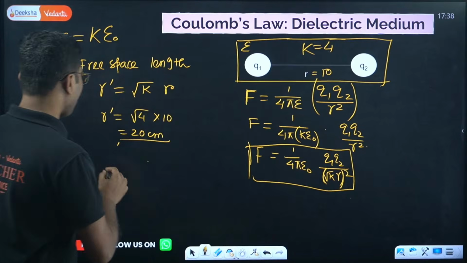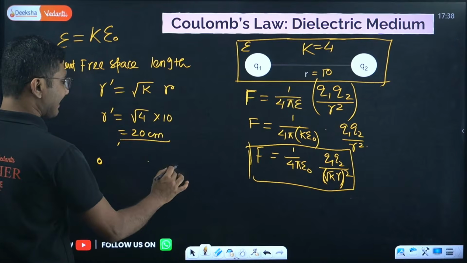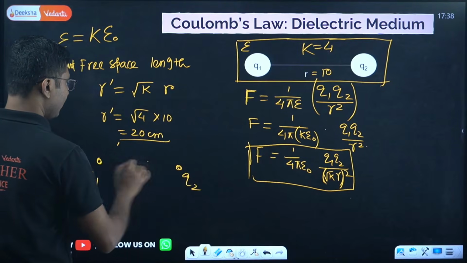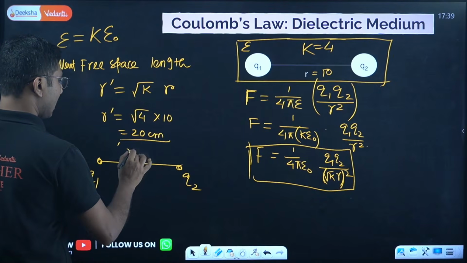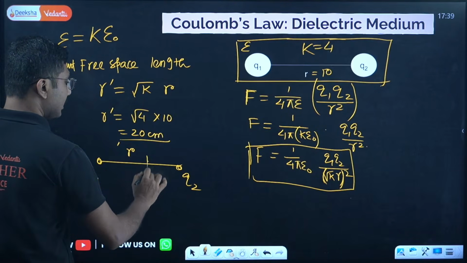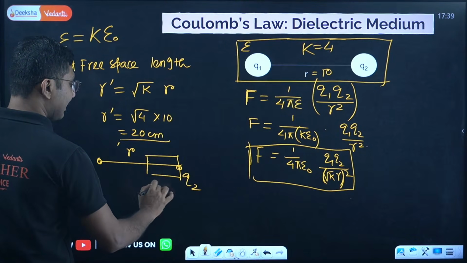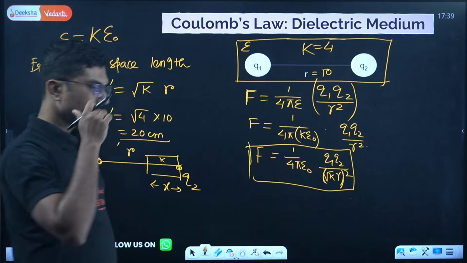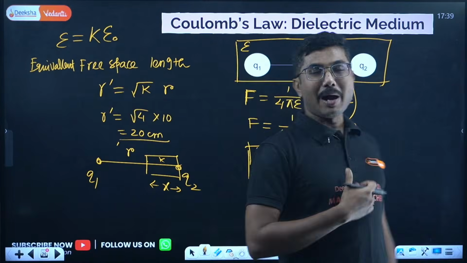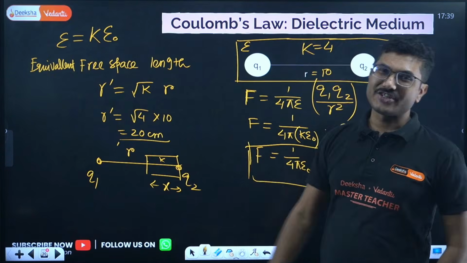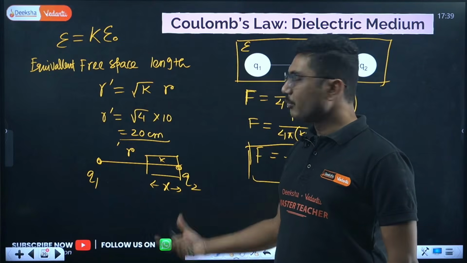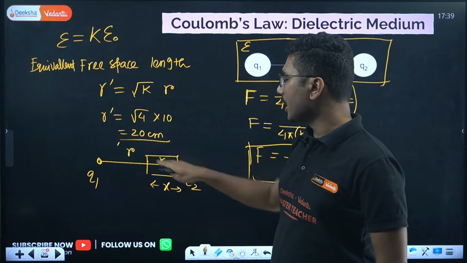Now there is a homework problem. The second case I will give you as homework. Suppose two charges are there, q1 and q2, and the distance between them is small r. You fill some part, say a length x, with a dielectric medium k. You partially immerse it, or you put a mica sheet. Mica is a dielectric medium. You put a mica sheet of width x between these two charges.